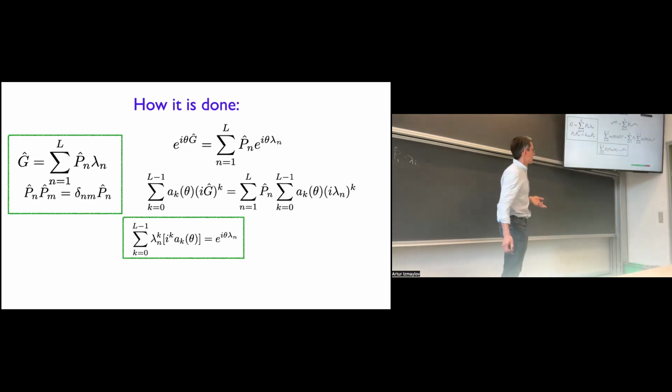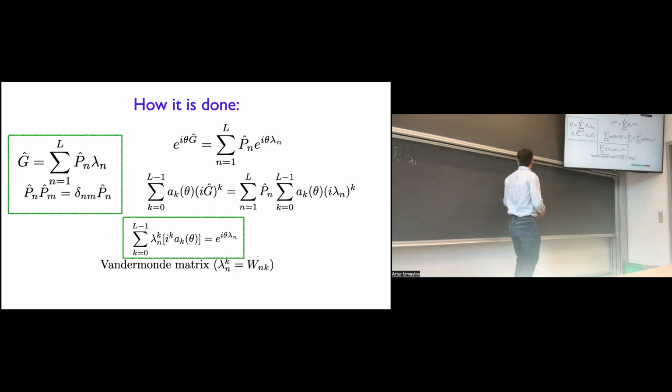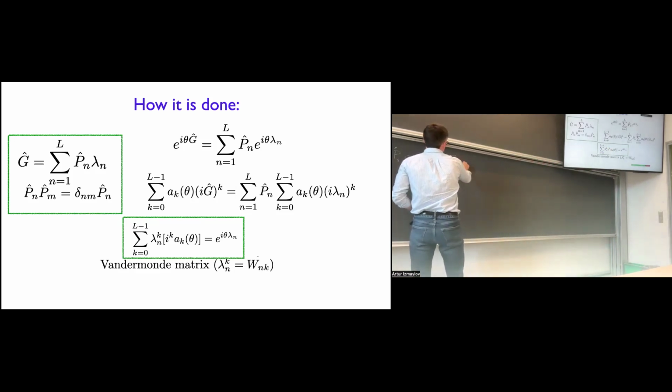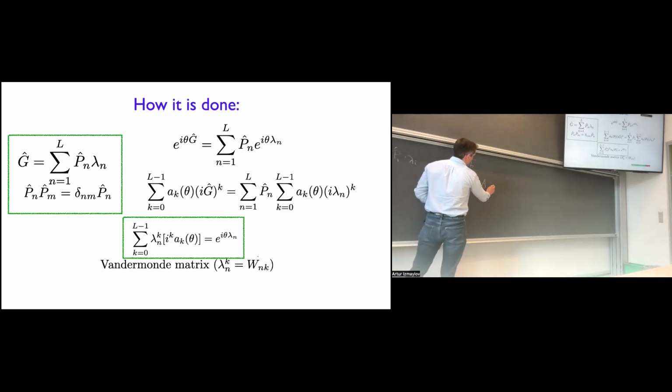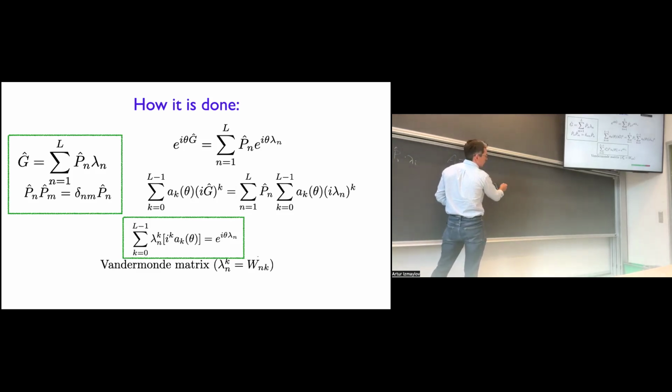So this is a linear system of equations that one can think of as Ax equals b. The b part is just the exponent of i lambda n theta, and the A matrix is a Vandermonde matrix, lambda n to the k, multiplied by i to the k.